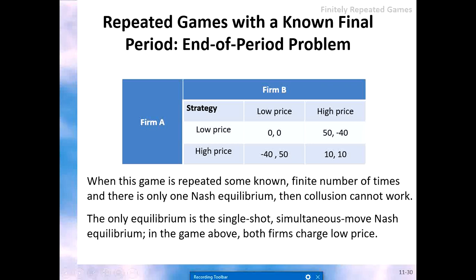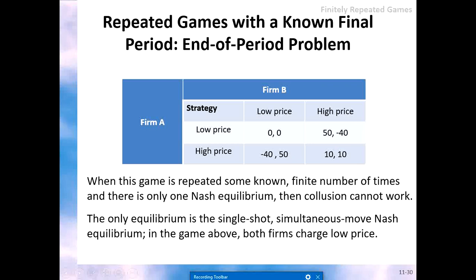Why? The only equilibrium is the single-shot, simultaneous-move Nash equilibrium. In the game above, both firms charge a low price. Since I know that this game will be played only 5 times, with an interest rate of maybe 20%, then playing 5 times, I will automatically get less than 50.